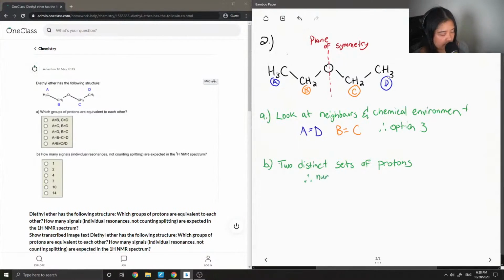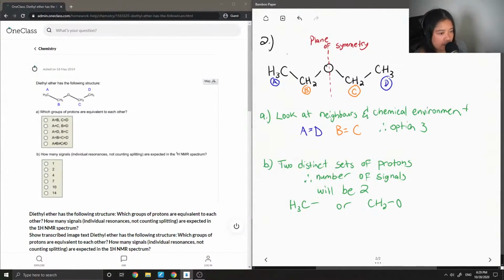Therefore, the number of signals will be 2. So it's going to be this kind of proton or this kind of proton.